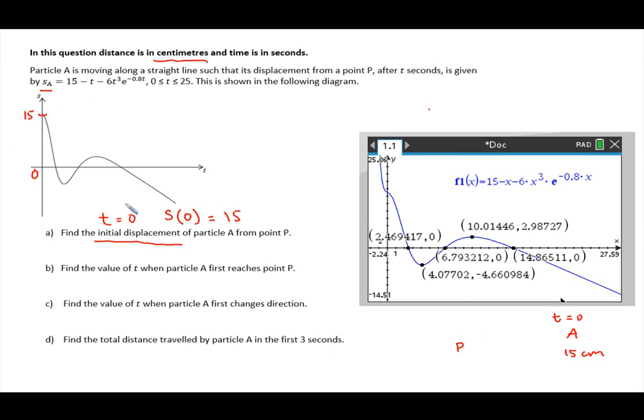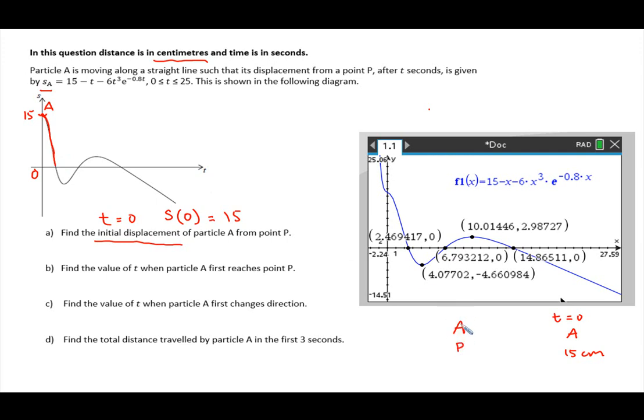So when you're reading this graph, as time starts, here we have particle A, starting right here. Particle A starts getting closer and closer to point P. So right here, when the displacement is 0, that means that particle A and point P are in the exact same spot.